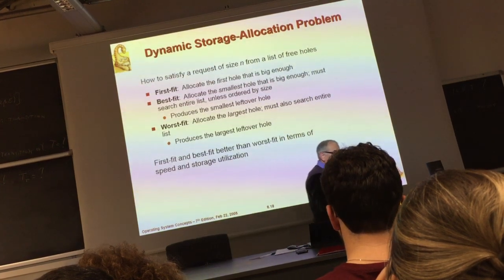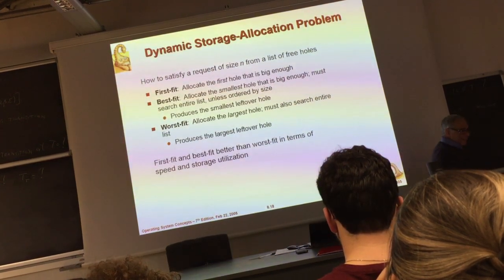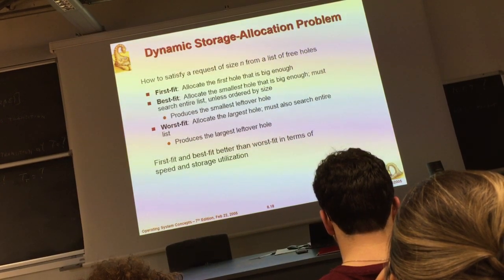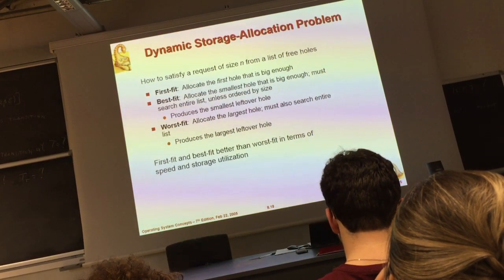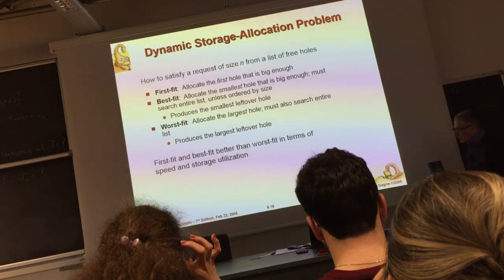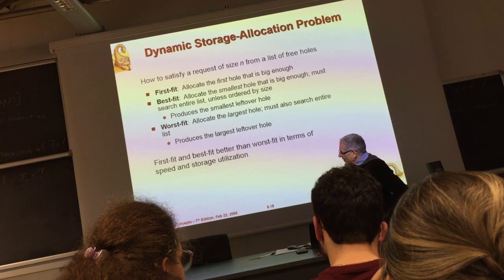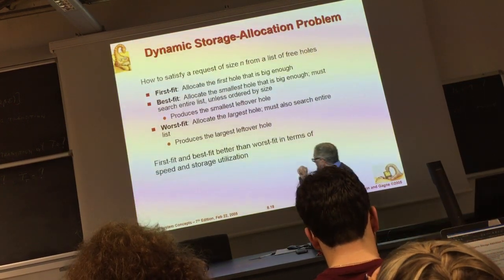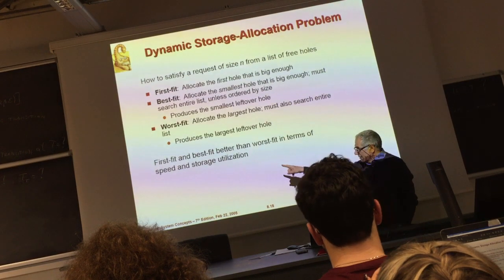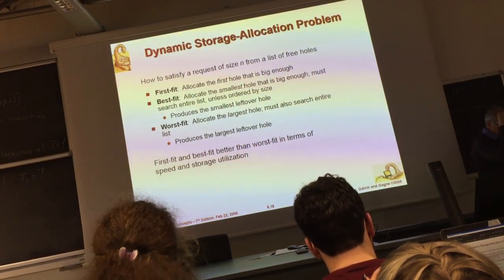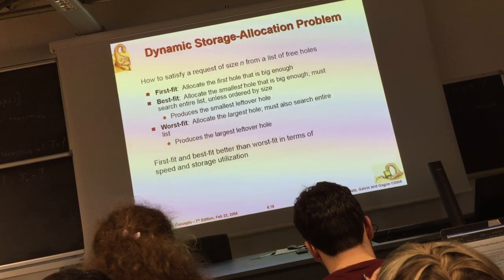is the rationale behind these strategies. By simulations and experience, first fit and best fit are better than worst fit in terms of speed and storage utilization. So why don't we use the best fit?